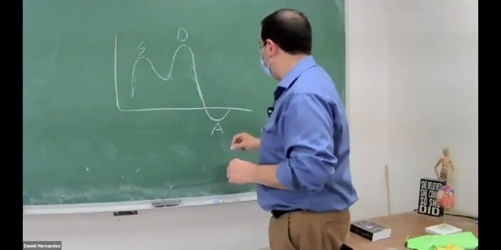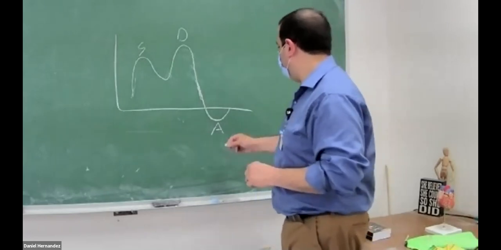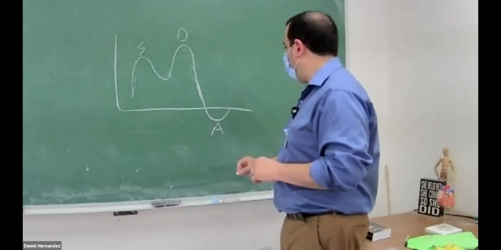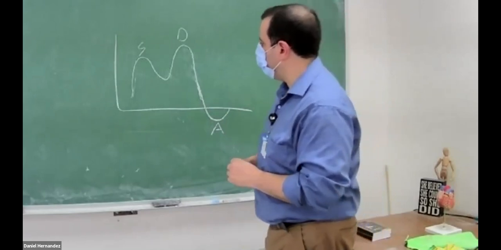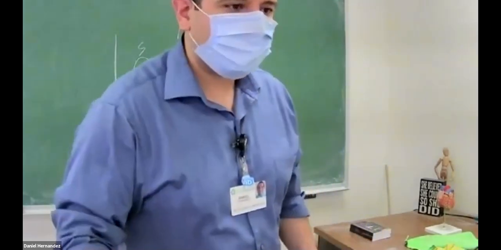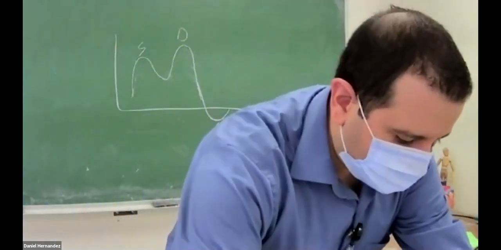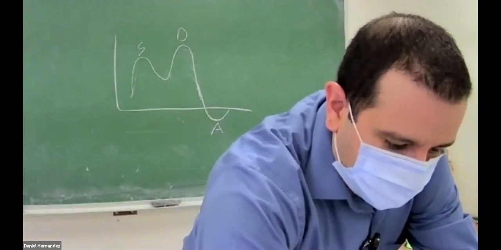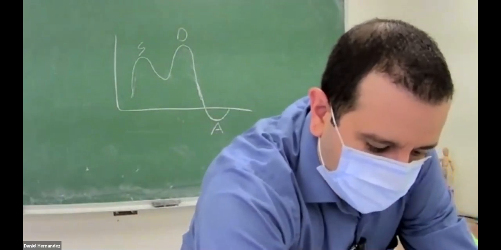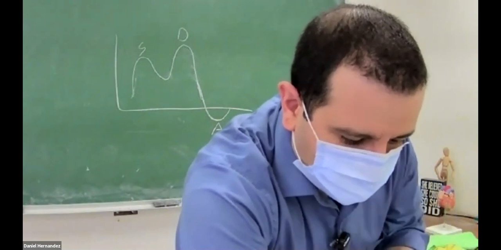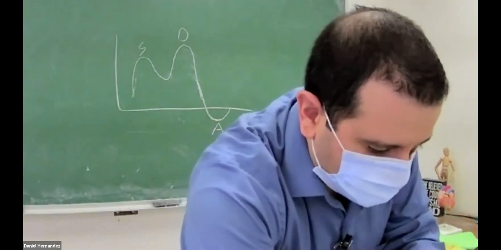So S represents systole, D represents diastole, and A is when the atria contract. You know, isovolumic relaxation and contraction.